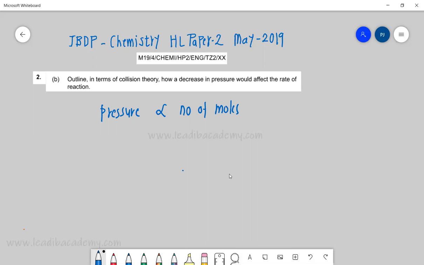So a decrease in pressure implies that there is a decrease in the number of moles for a given volume.